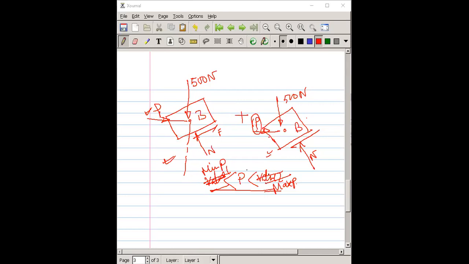Anyone have any question? Remember, when the question asks you to find the range, always remember that your body on the inclined plane has two types of tendency. One is due to its own weight, your body tries to move always in the downward direction.